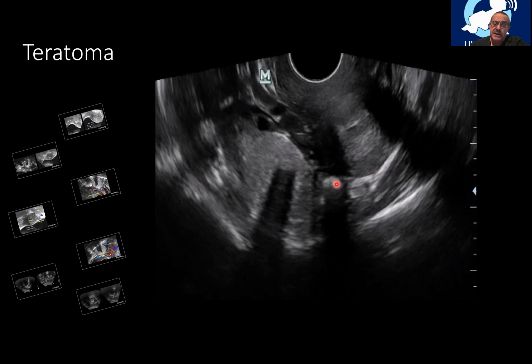When we pass through here, that's complex echoes inside our ovary with 2 areas of acoustic shadowing. That means there's some bone or cartilaginous tissue inside the mass. That's a teratoma.